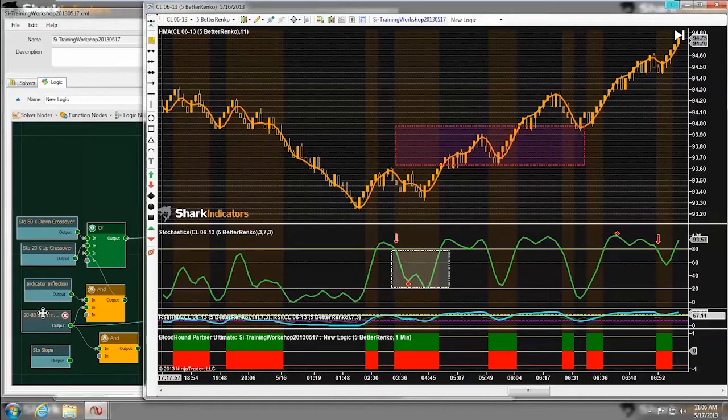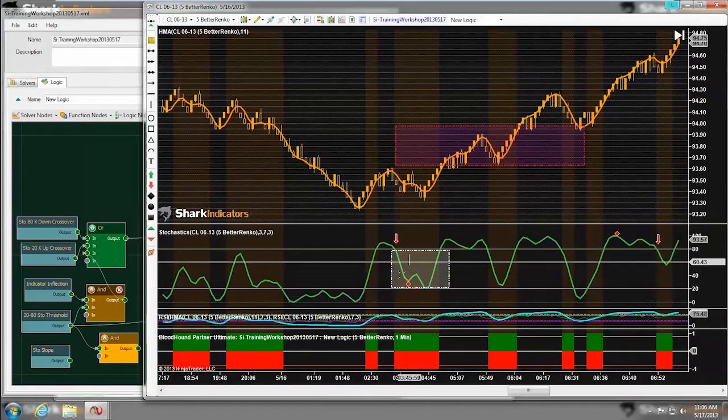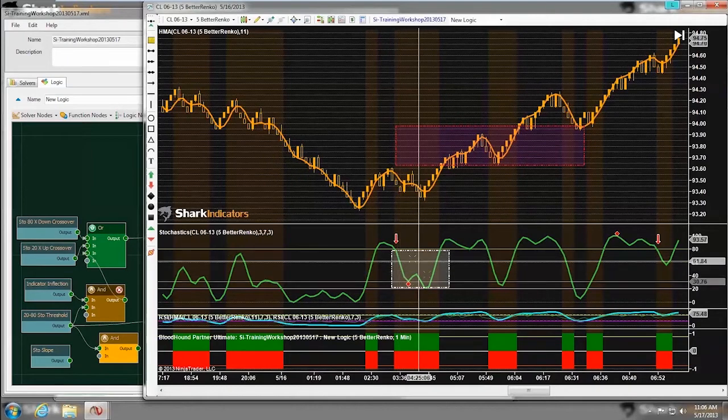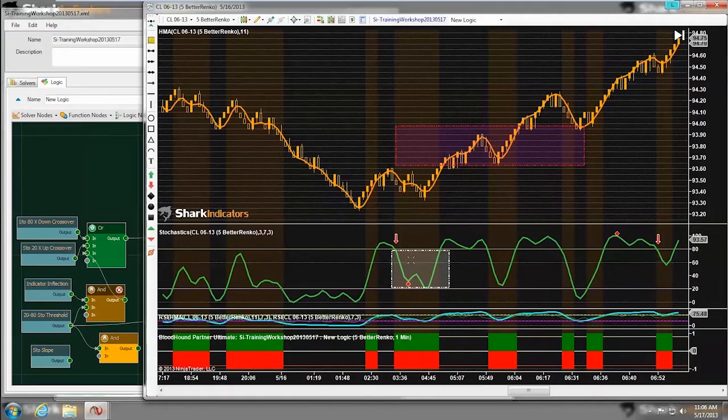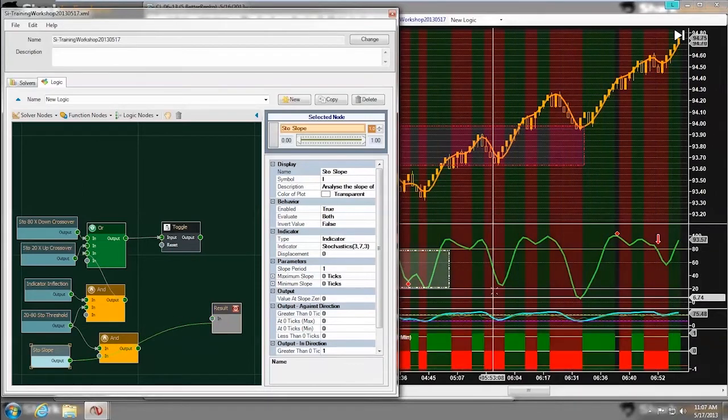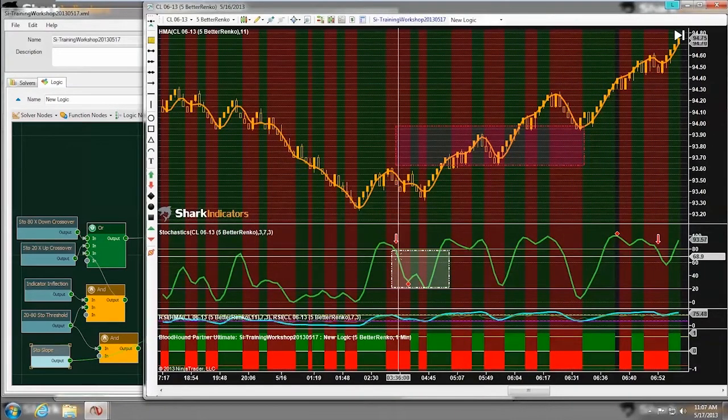So since we're just using the threshold to mark this no man's land, this kind of condition is a non-directional type of condition, right? So it's our slope solver that is providing the directional bias.